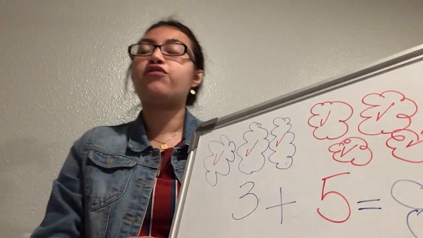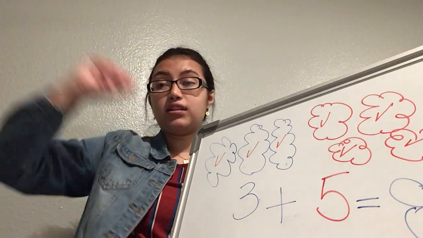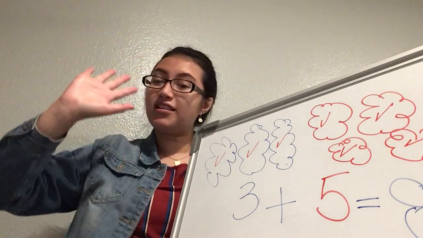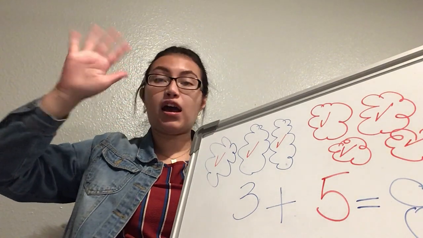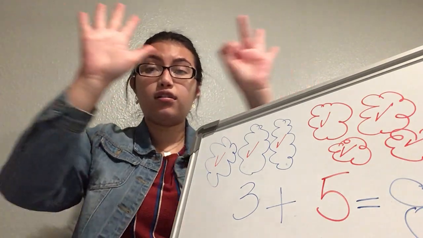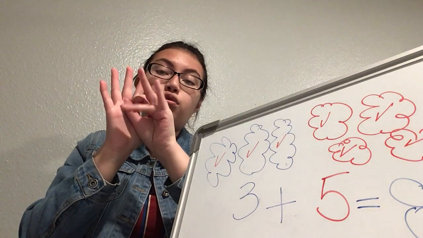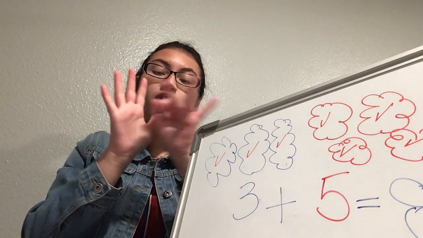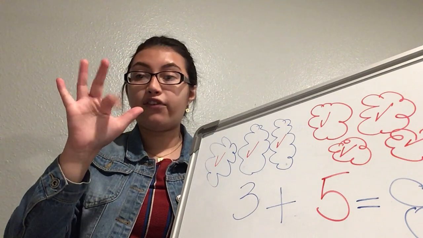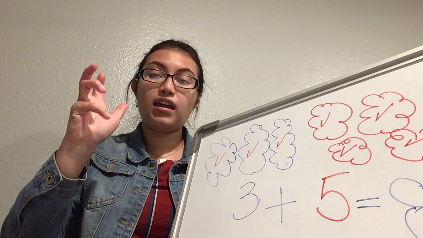So show me that with your fingers. Let's join 3 and 5. 1, 2, 3. And on this hand, count 5. Easy peasy. One hand up. That's 5 fingers. I have 3 and 5. Let's join. And now what does that make? 1, 2, 3, 4, 5, 6, 7, 8.